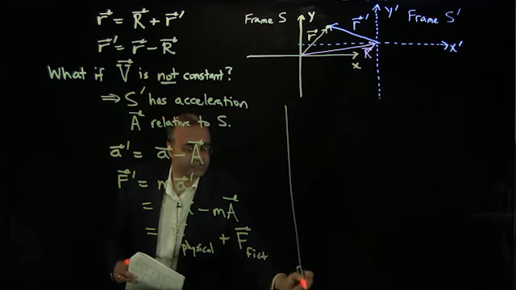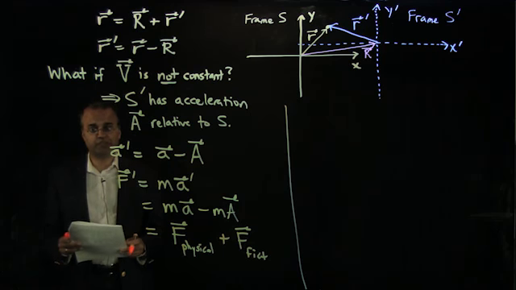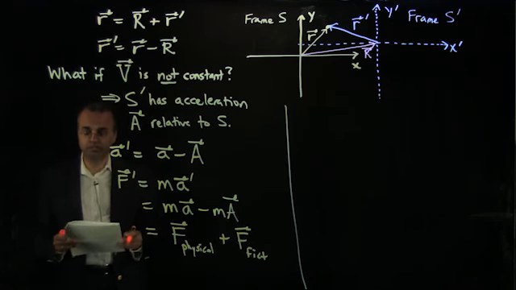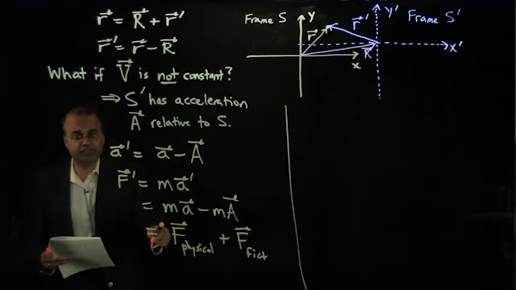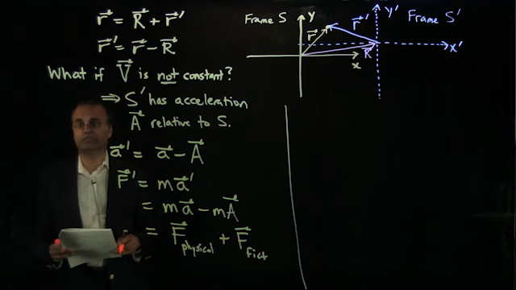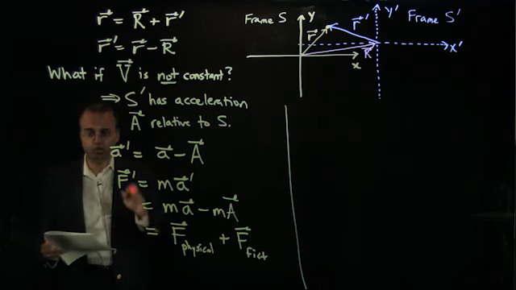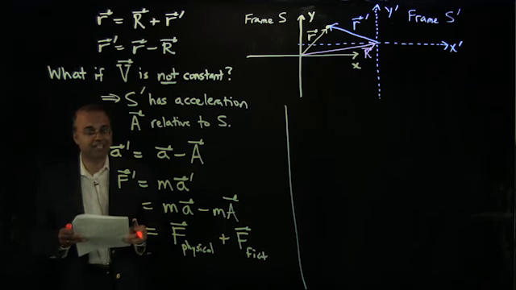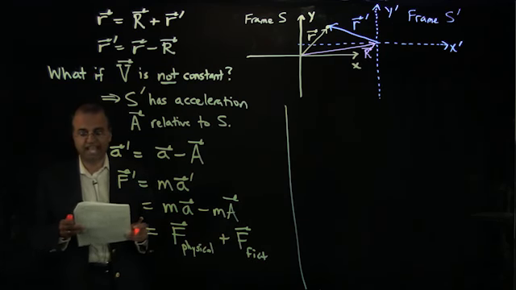So what this means is that an observer in frame S prime, in order to explain the motion of the object using Newton's laws, will have to invoke not just the physical forces that are acting on the object, which might be due to gravity, or a rope pulling, or an engine pushing, or a hand acting on something, but will also have to invoke an apparent force, which I'll call F fictitious, that acts on everything.